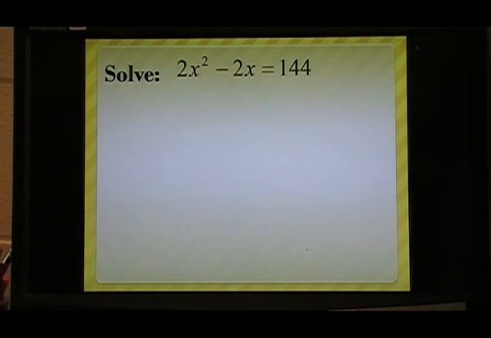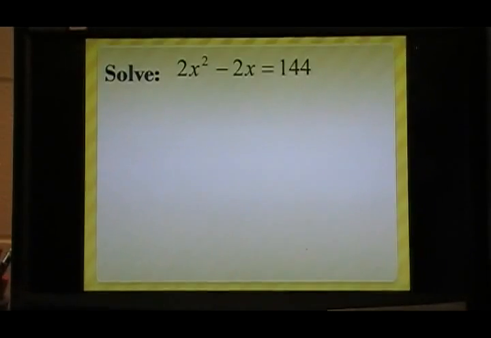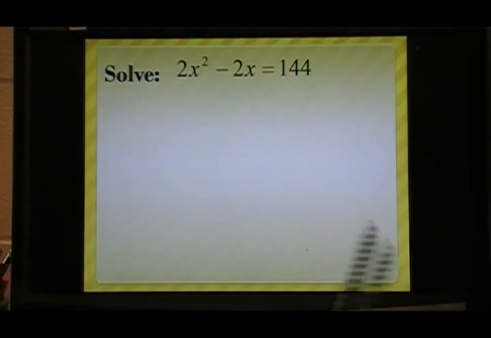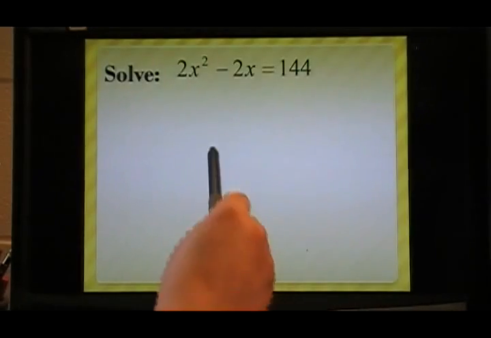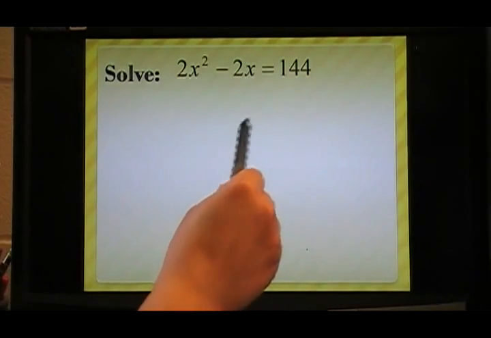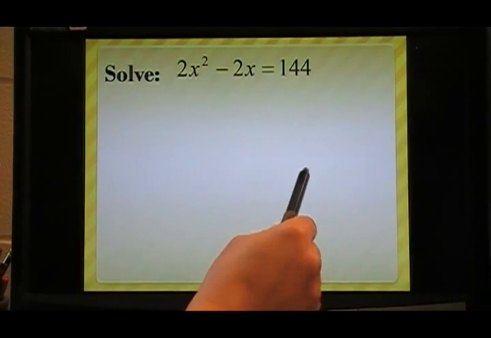Last example, we want to solve this equation, 2x squared minus 2x equals 144. So we've been solving by extracting the root, and we can solve by extracting the root anytime we're solving an equation that we can write as something squared equals a number.